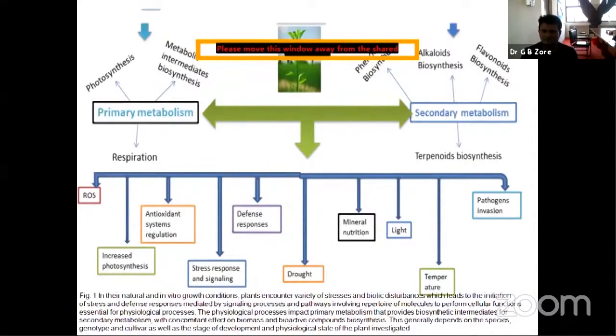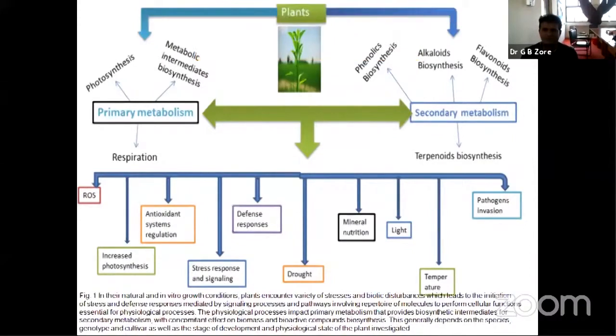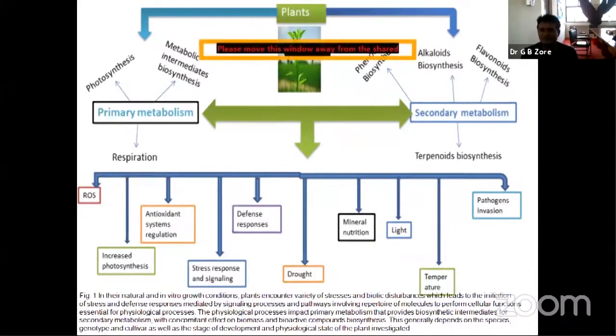All of us know what is meant by primary metabolism, right? And then what is secondary metabolism? So primary metabolism basically involves a central metabolic pathway, and that pathway is providing energy for the growth and development of that particular cell in general, and the organism in particular, right?